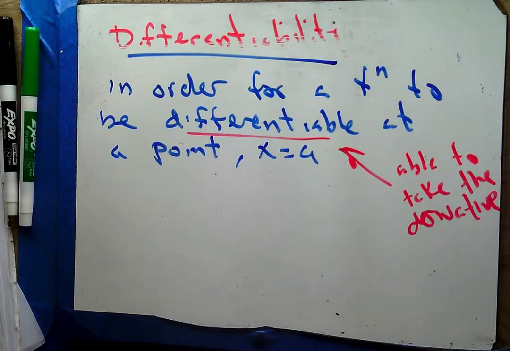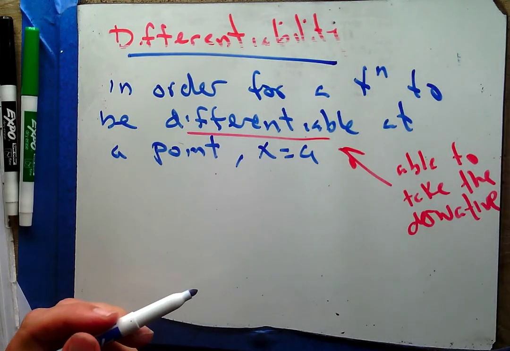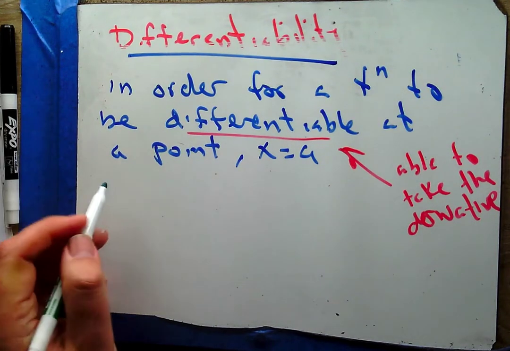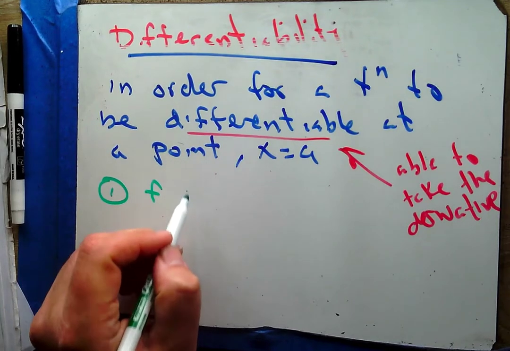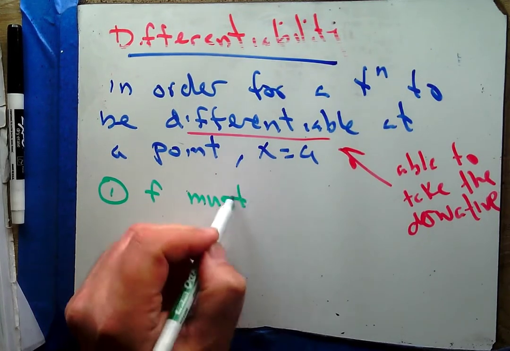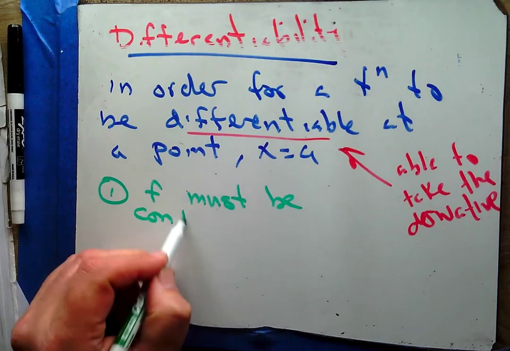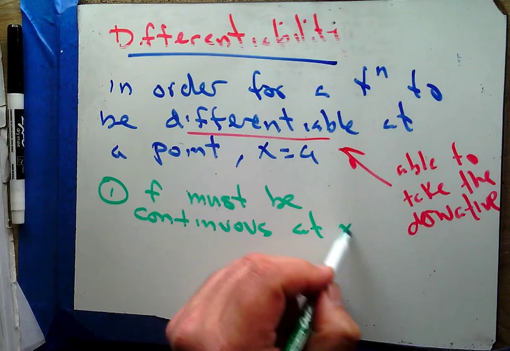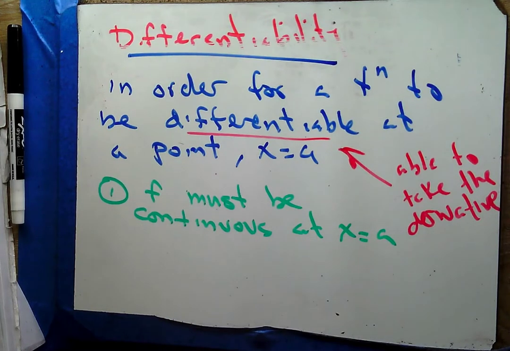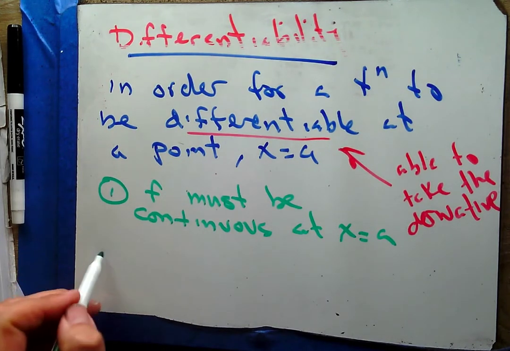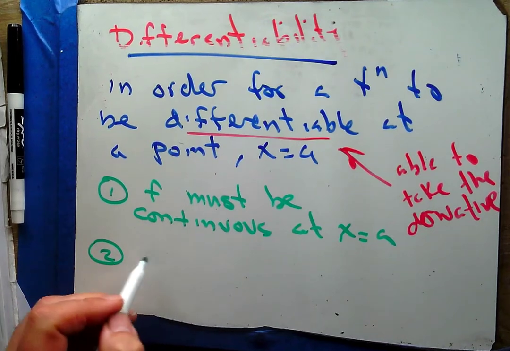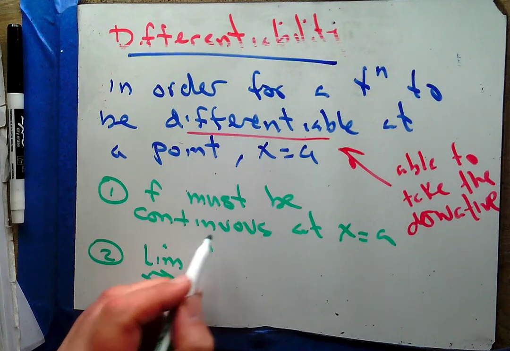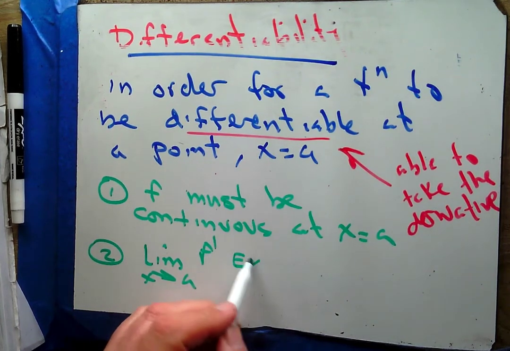In order for a function to be differentiable at a point x equals a, two things have to be true. One is f must be continuous at x equals a. And second, we need the limit as x approaches a of f prime to exist.